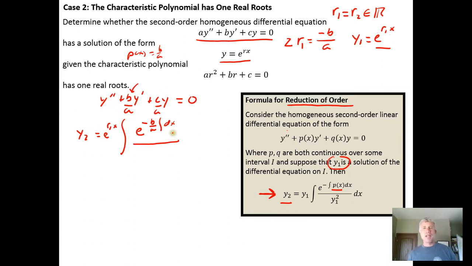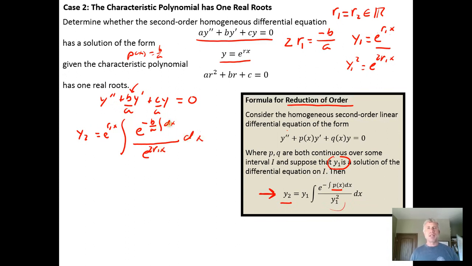And then we're going to be divided by our known solution squared. When we square e to the r sub 1x, we get e to the 2r sub 1x, because when we square, we multiply the exponents. So we wind up with e to the 2r sub 1x down here, and this is all dx.